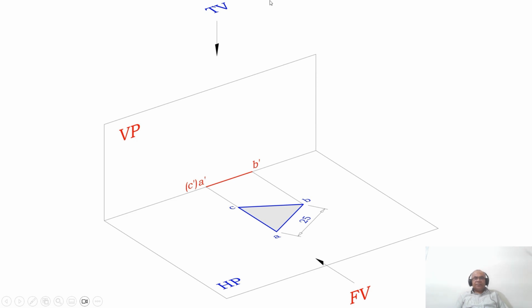So for that, how to start the problem? Since you are given the surface inclination with respect to HP, first I need to take the surface parallel to HP. That means the surface inclination with respect to HP, you make it 0 degree. That is what we have done in this particular case.